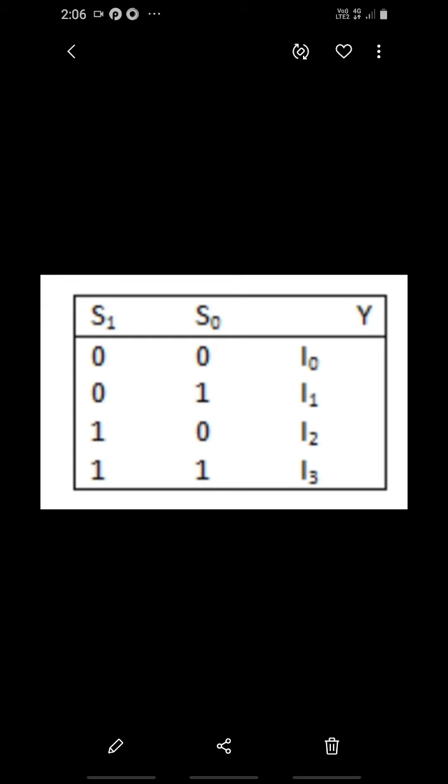So here 0, 0 gives the output I0. 0, 1 output is I1, 1, 0 output is I2, 1, 1 output is I3.